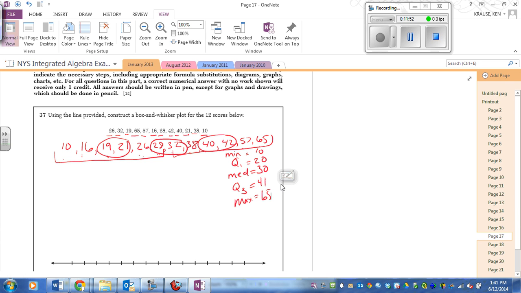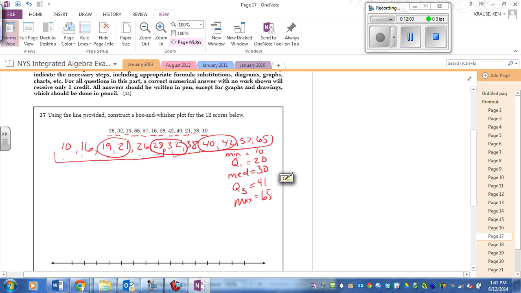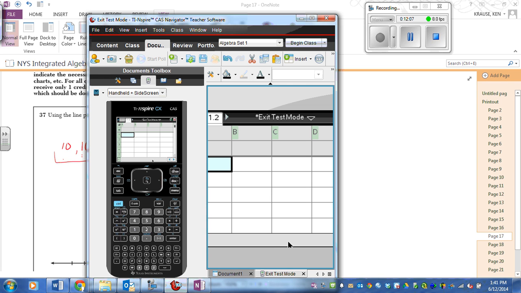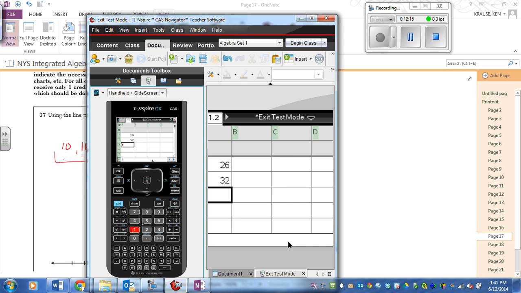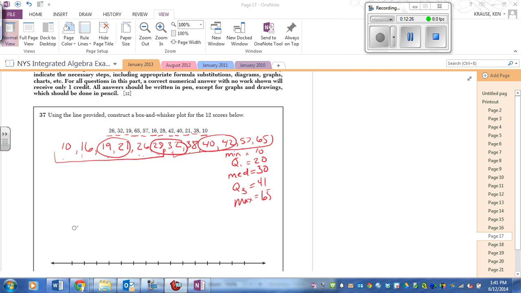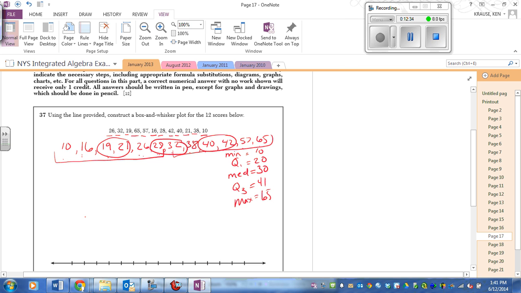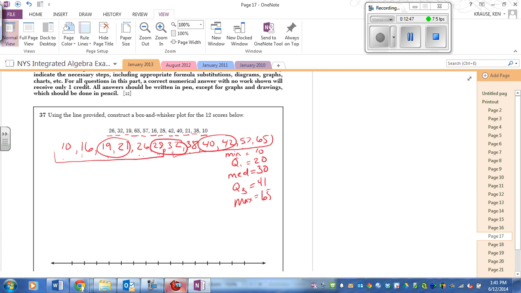Oh, we're going to check this with a calculator. Enter the data: 26, 16, 28, 42, 40, 21, 38, 10, 48.